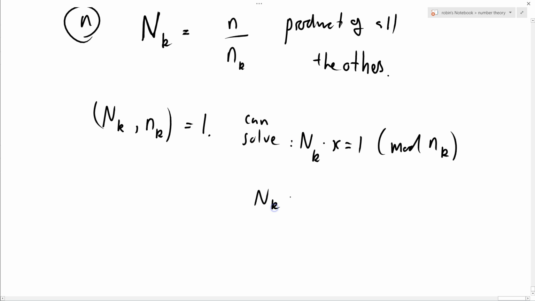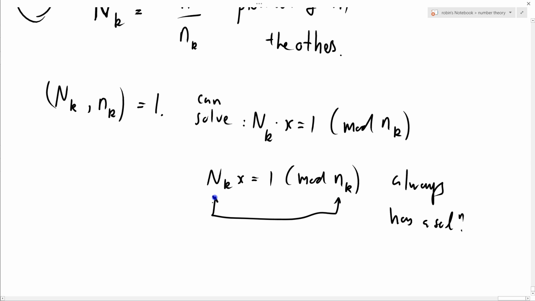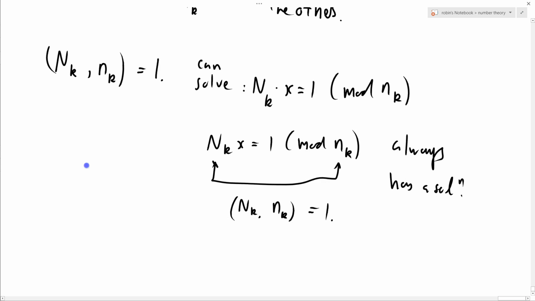So Nk x equals 1 modulo nk always has a solution. And moreover, it has a unique solution because the greatest common divisor of Nk and little nk equals 1, which is great.